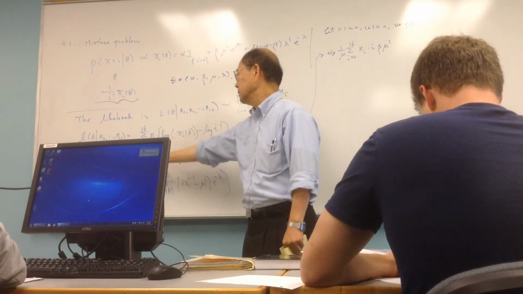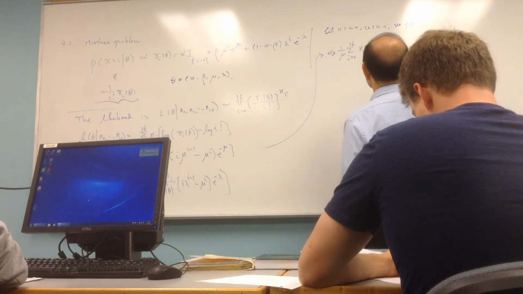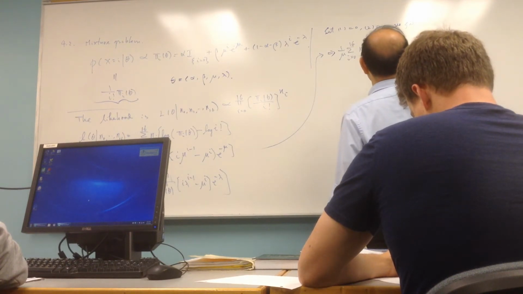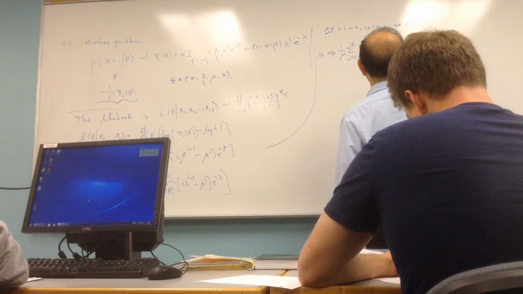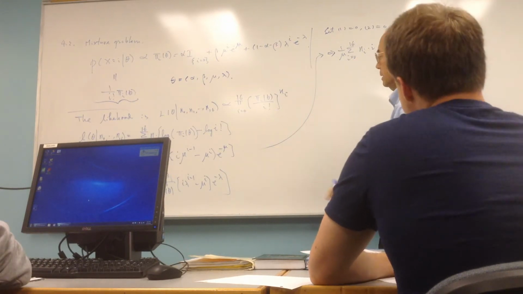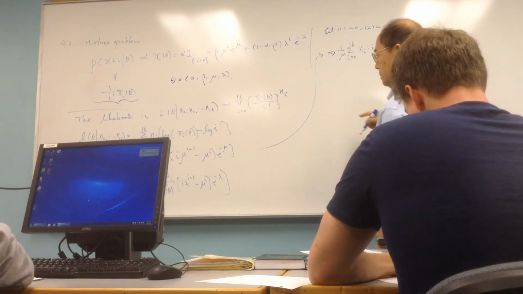I just put a 1 in it, pull 1 out, and then divided by pi_i(theta). That's the sum on the other side.